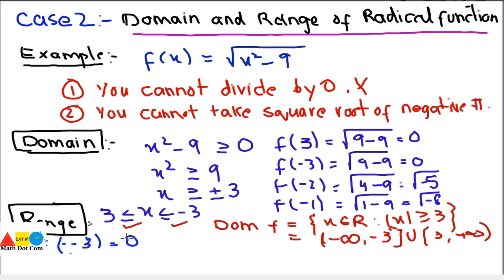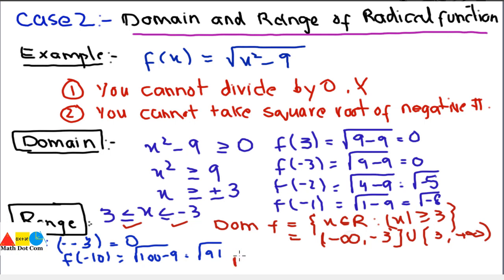If we put f of minus 10, minus 10 squared is 100, 100 minus 9 is under root 91, and it will be a positive number. It means if we put any value of x in the given function, we will get a positive value of y. That means we will never get a negative value of y in this case.